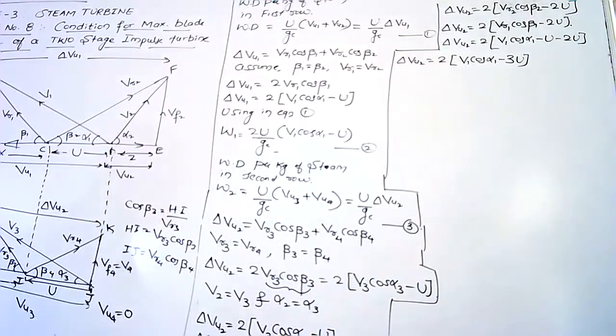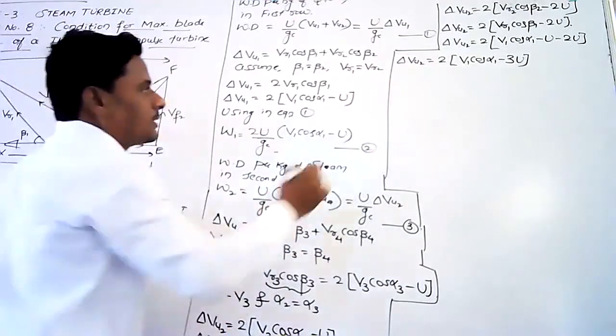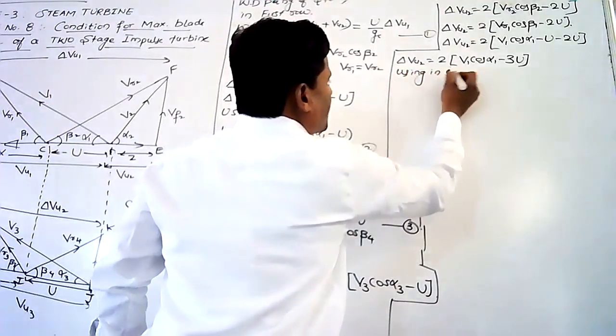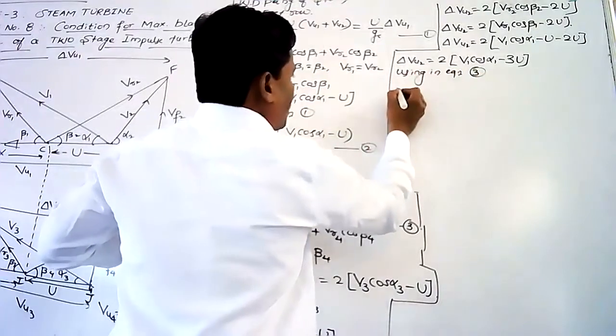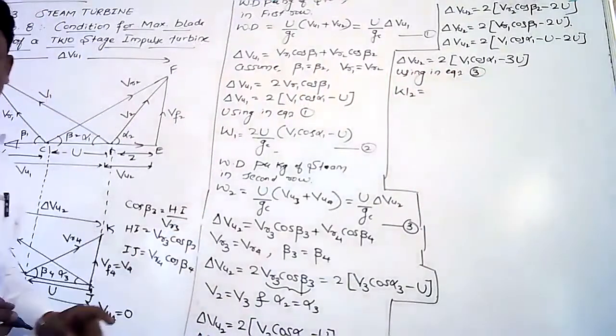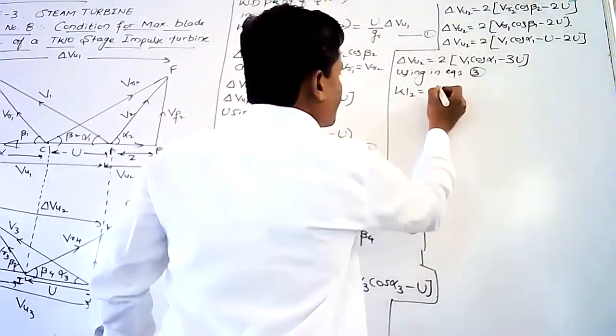So let us substitute the value of delta VU2 in equation number 3. W2, the work done per kg of steam by the second row of moving blade or runner, is U by GC.